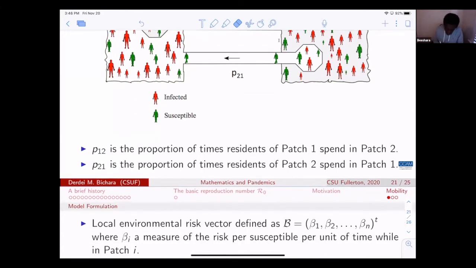So this is called the concept of residence time. Because the term contact in itself is not very clear. Of course, it's clear for some diseases like sexually transmitted diseases or vector-borne. But if we have an airborne disease like corona or the COVID, it's impossible to define what a contact is.